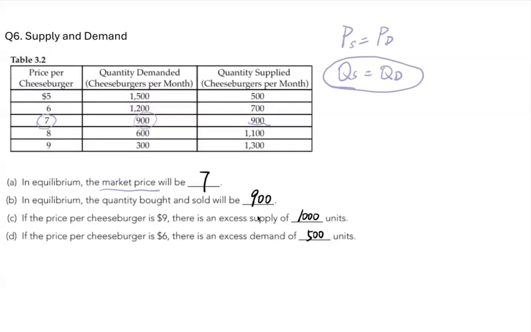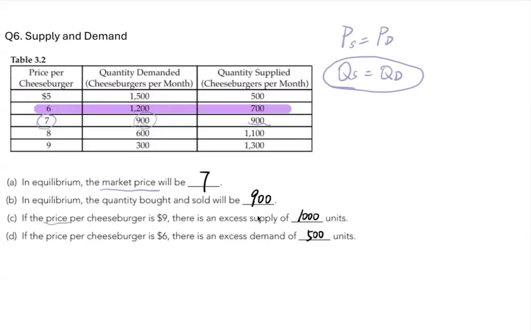And how about when the price is not at the equilibrium price? When the price is 9, you will see that even though there are 1,300 units supplied, the quantity demanded is only 300. So there's excess supply of 1,000 units. Same logic. When the price is $6, the quantity demanded is 1,200, but the quantity supplied is only 700 units.